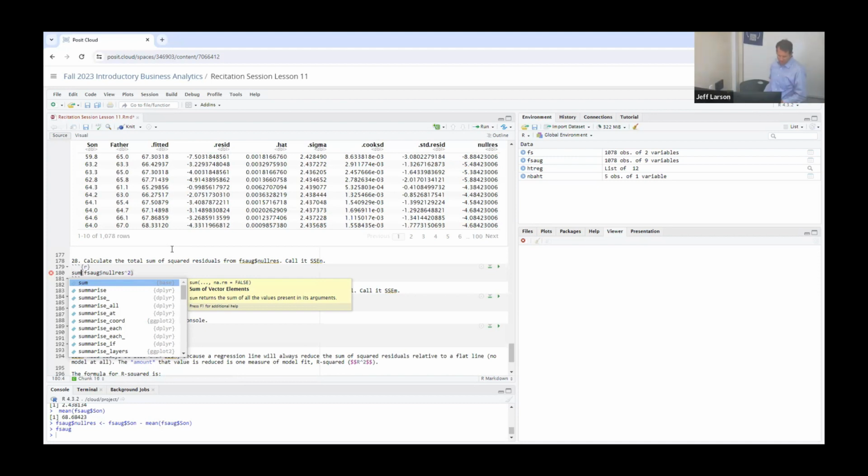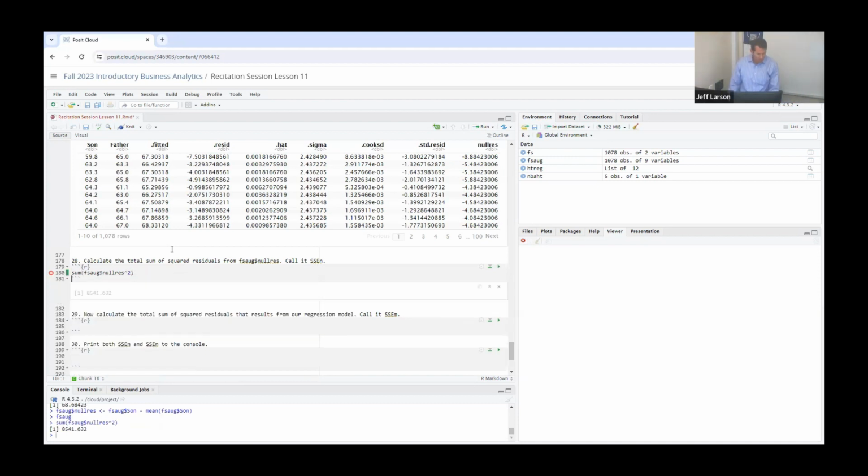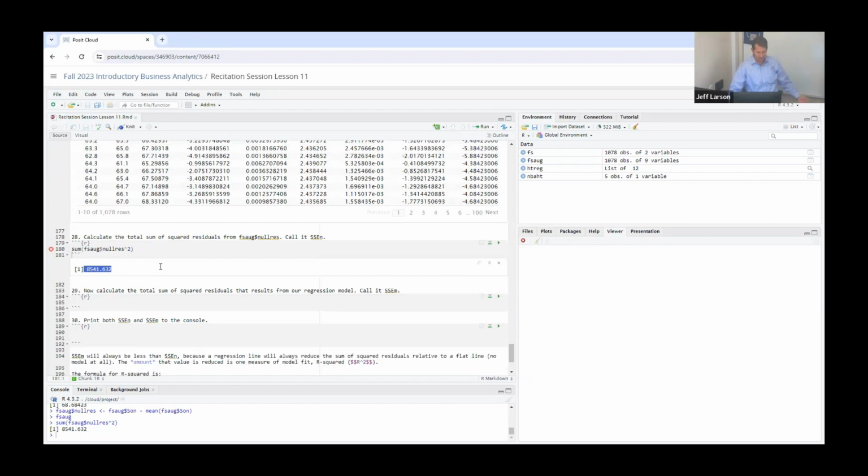Those are not as good guesses. So when we square those and add them all up, 8,541.632. That's basically how much noise is in the data set to start with. We take all the sun's heights, subtract the mean, square them all, add them all up. It's 8,541. That's how much noise we started with in the entire data set.